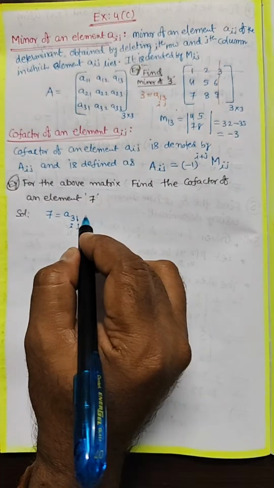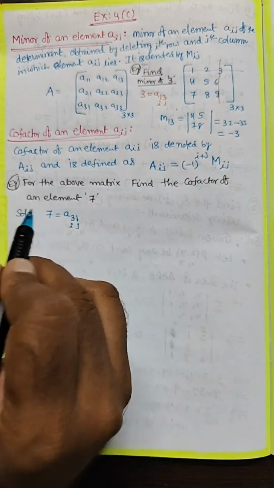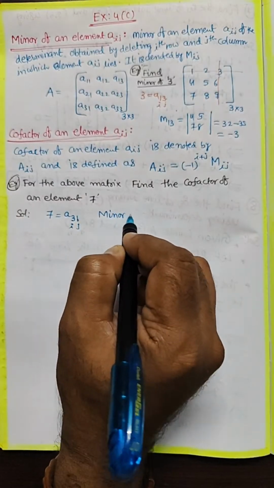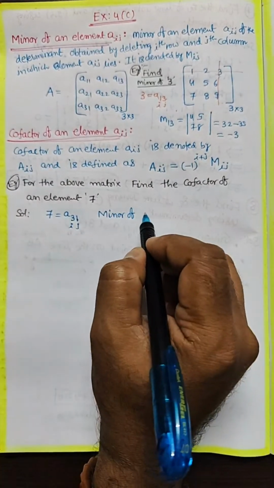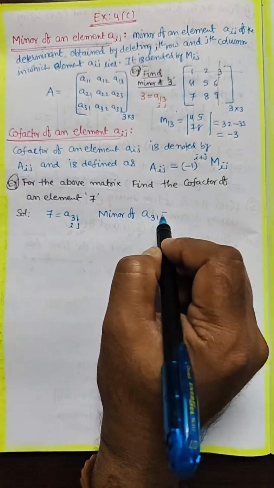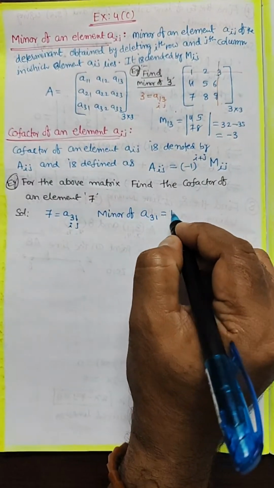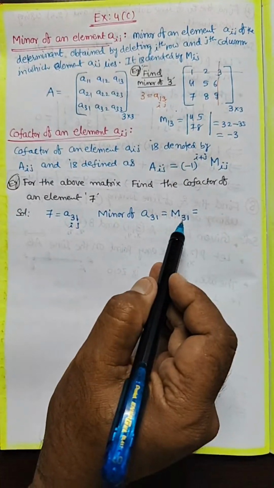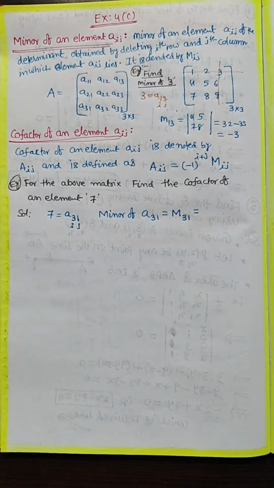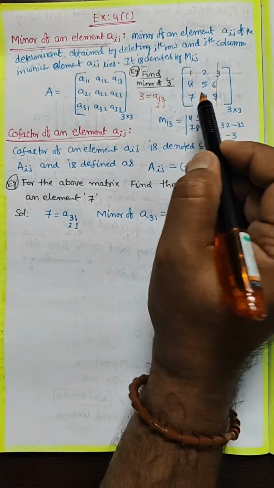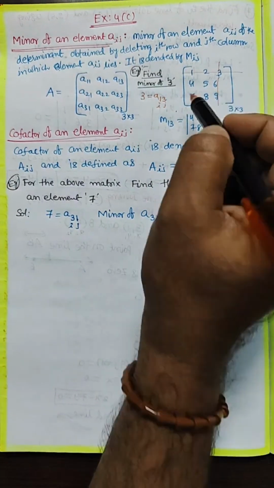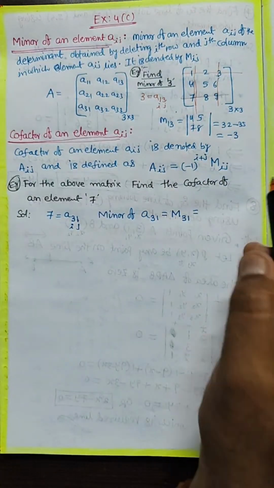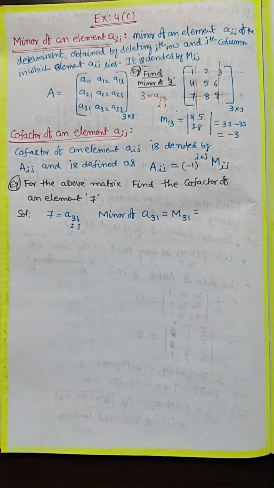First, we have to calculate the minor of this element, M31. 7 is the position, no? So eliminating this row and this column. If you want, I will write it here, dear students.